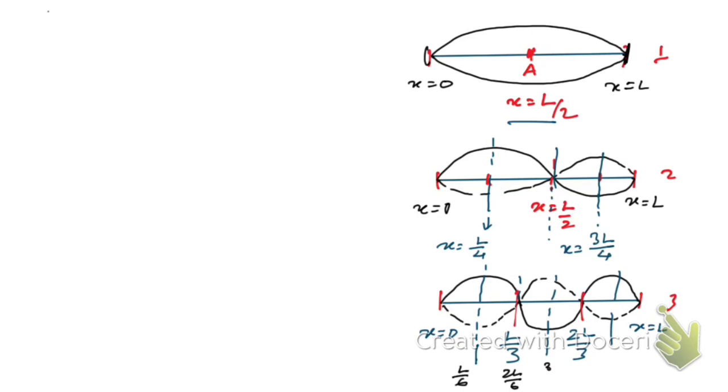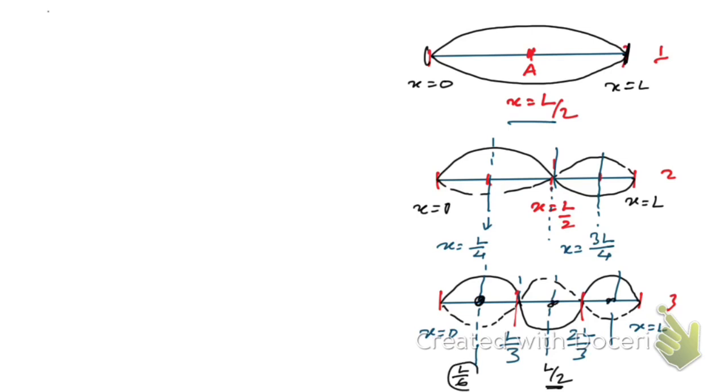And next 3L by 6, which is L by 2. And 2L by 6 means this is L by 3. So at L by 3 we are getting nodes, not antinodes. At L by 2 we have got antinodes.